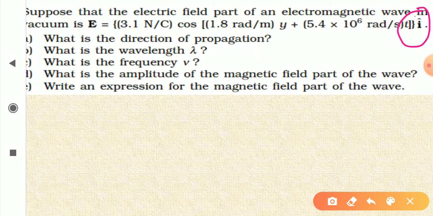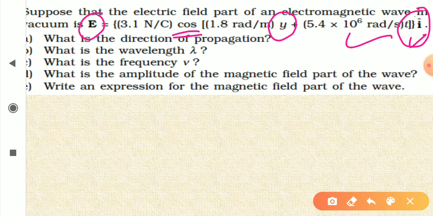Now this i cap shows that the electric field is along the x-axis, and inside this cosine we are getting this y. That means the wave is propagating along the y-axis, and we can compare this equation with the standard equation. So what we have to find out?